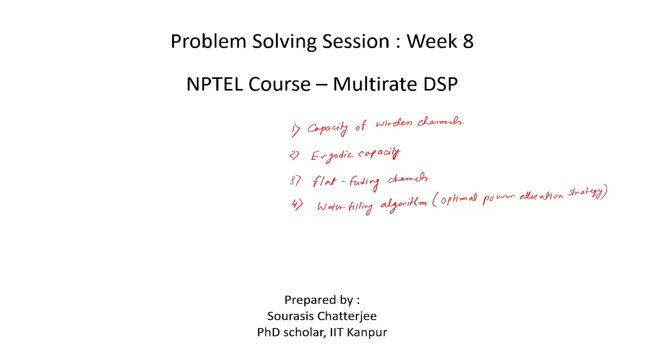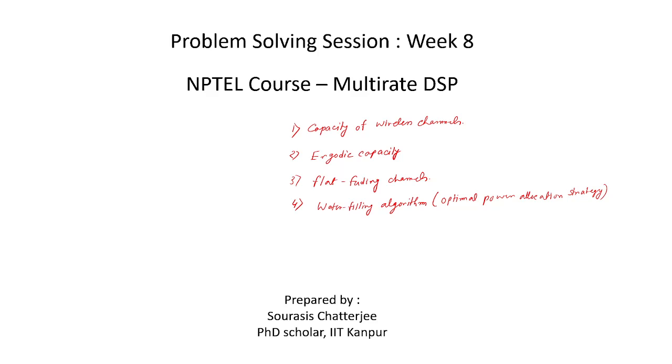The water filling algorithm's concepts and derivation have been done in detail in the lectures, but anyway we'll solve a problem regarding this, where we will also somewhat elaborately revisit the concepts. So in a very crude sense, you assign more power to a channel which is strong in order to achieve a maximal rate.